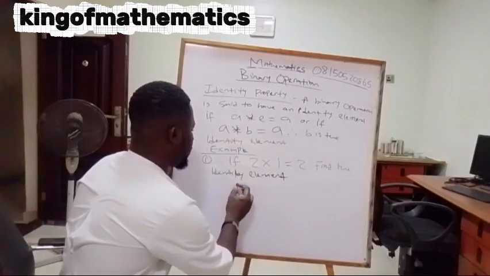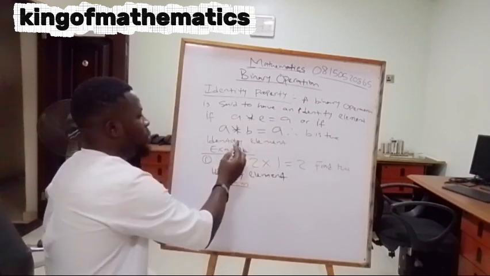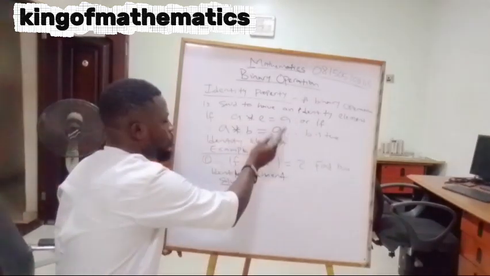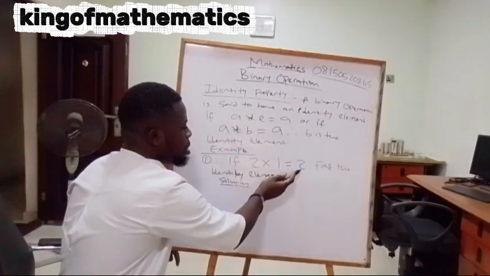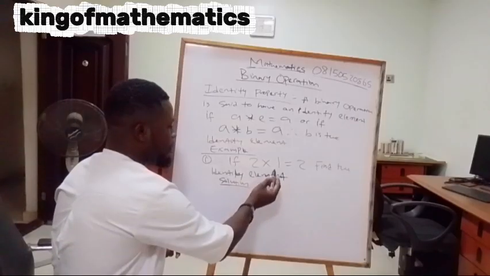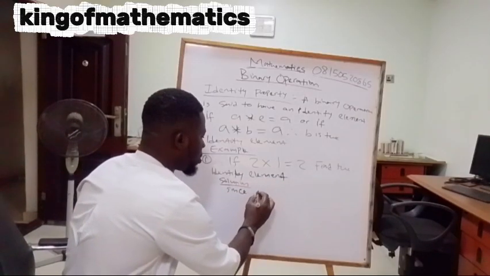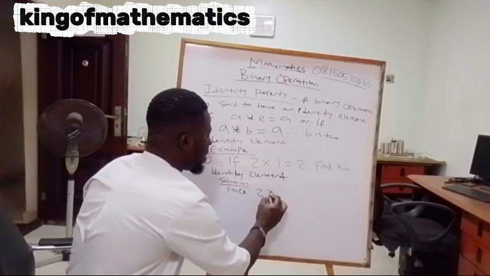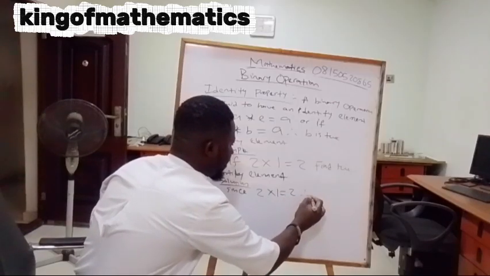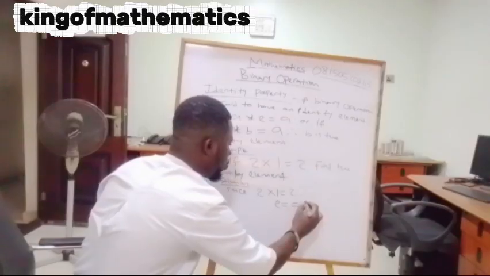So solution, don't forget the law. If A operation B is equal to A, now we have this A, this B, and this one is giving us A back. So therefore, you say, since 2 times 1 is equal to 2, therefore E, which is the identity element, is equal to 1.